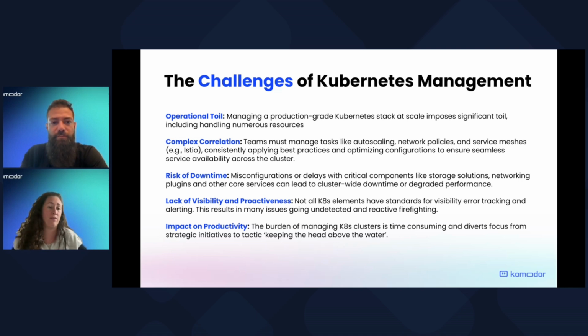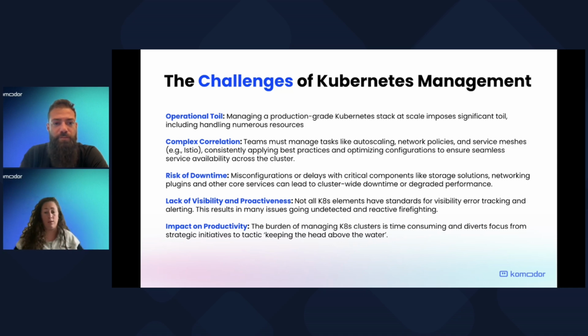And you also have complex correlations. Within Kubernetes, you have tons of resources. Outside of Kubernetes, you have tons of tools that integrate and enrich Kubernetes. And all of those connections and correlations that need to be done is a lot for a human being to handle.